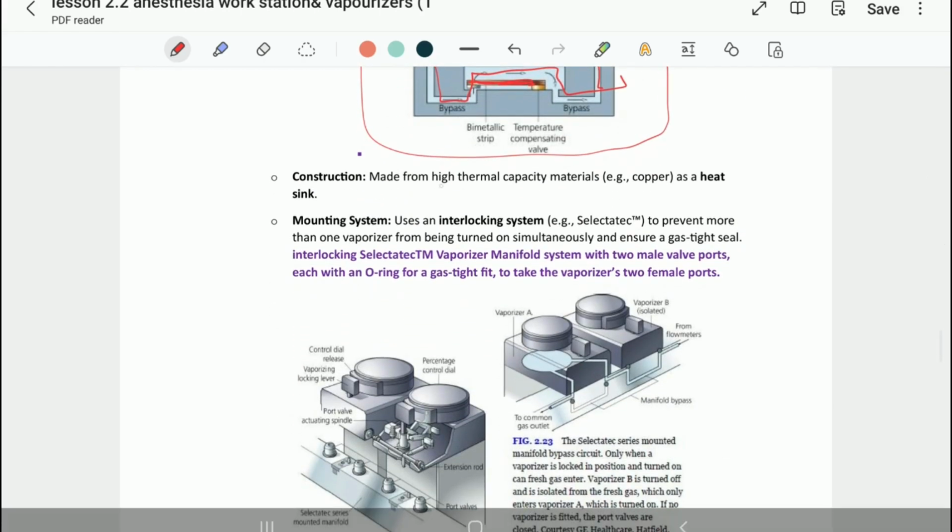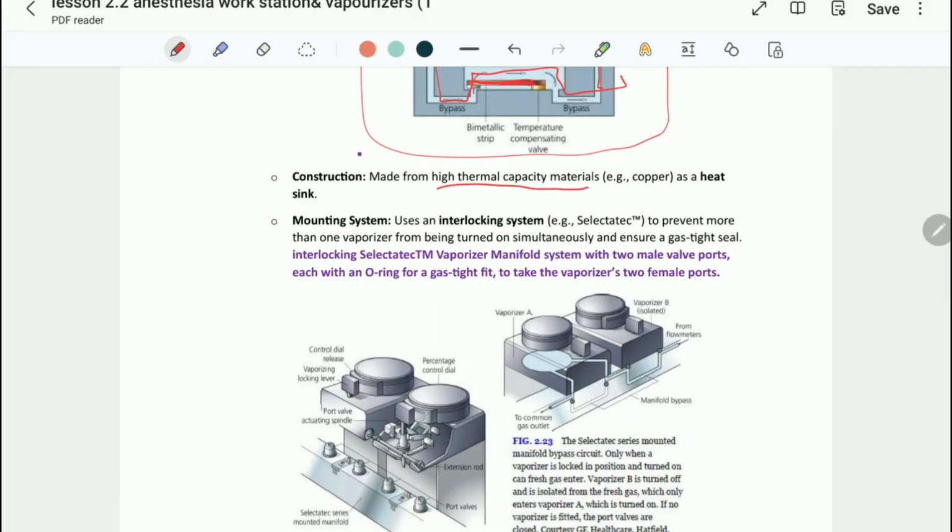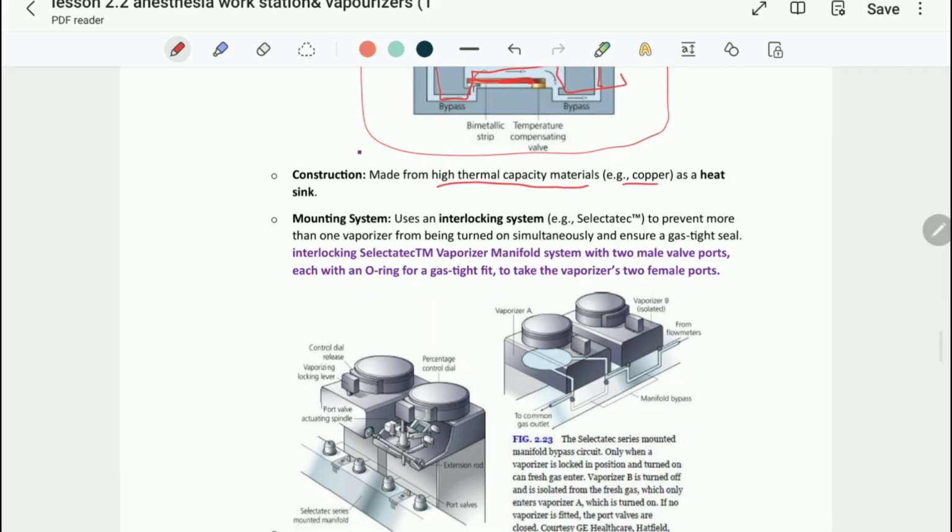The vaporizer is made of high thermal capacity materials like copper, which acts as a heat sink. It uses an interlocking system, the Selectatec system, to prevent more than one vaporizer from being turned on simultaneously and ensures a gas-tight seal.